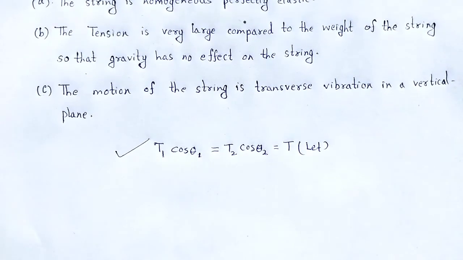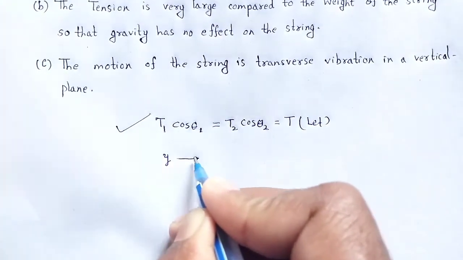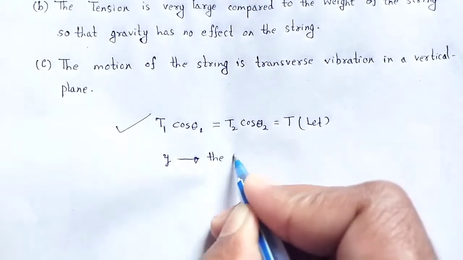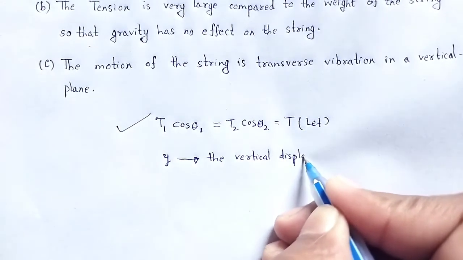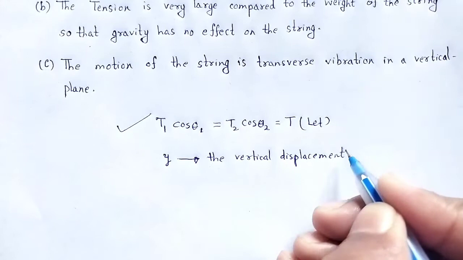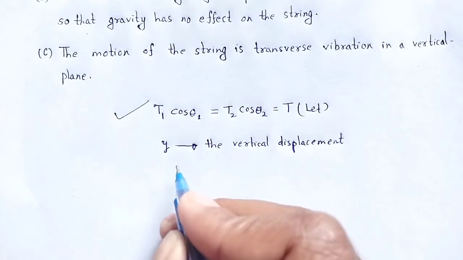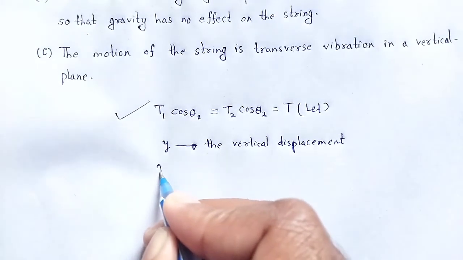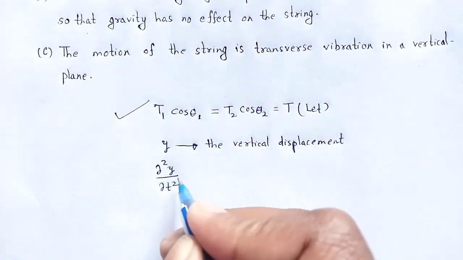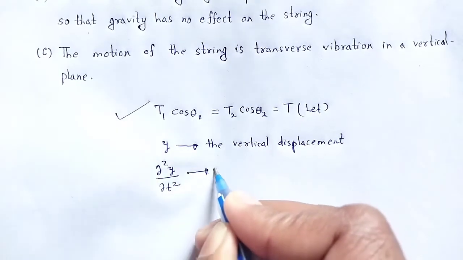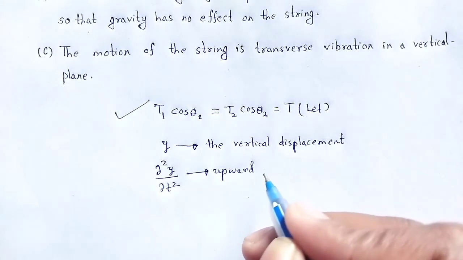Let y be the vertical displacement. The upward acceleration is del 2y by del t2, the rate of change of displacement.